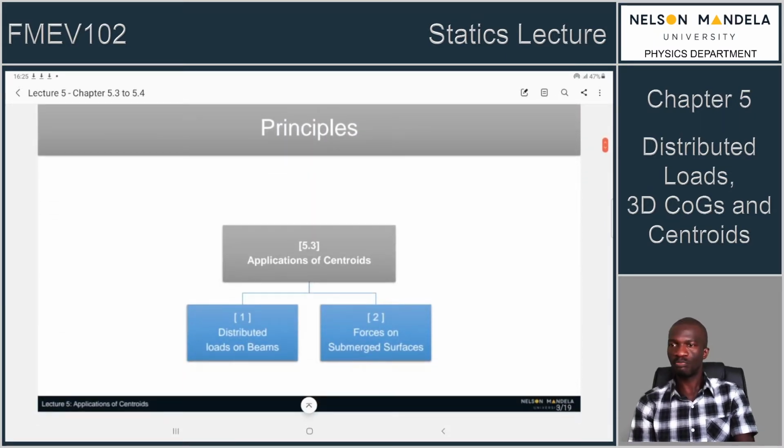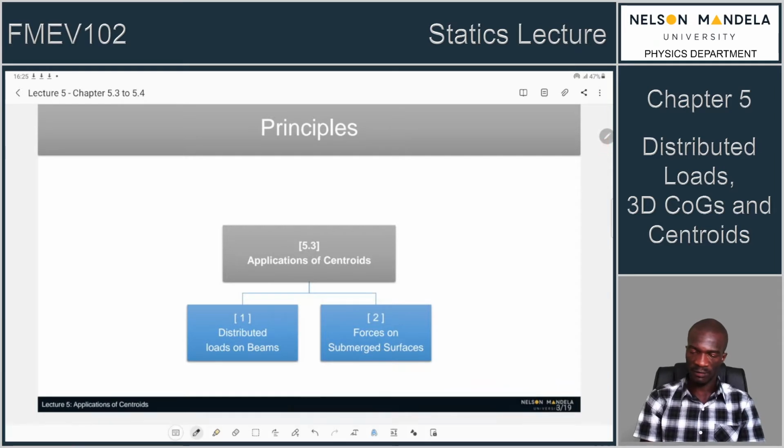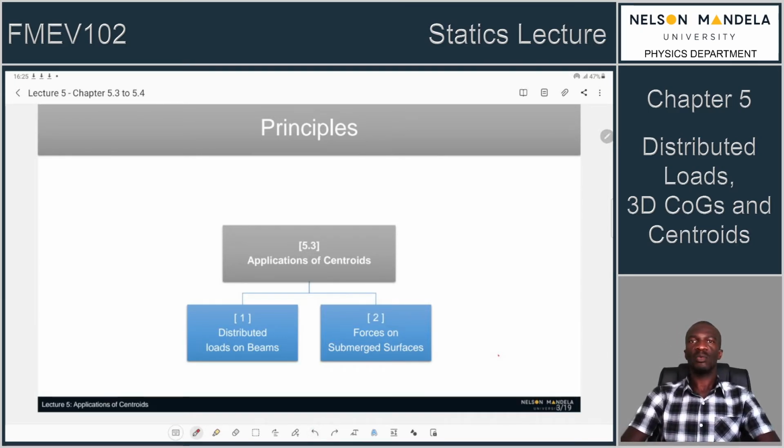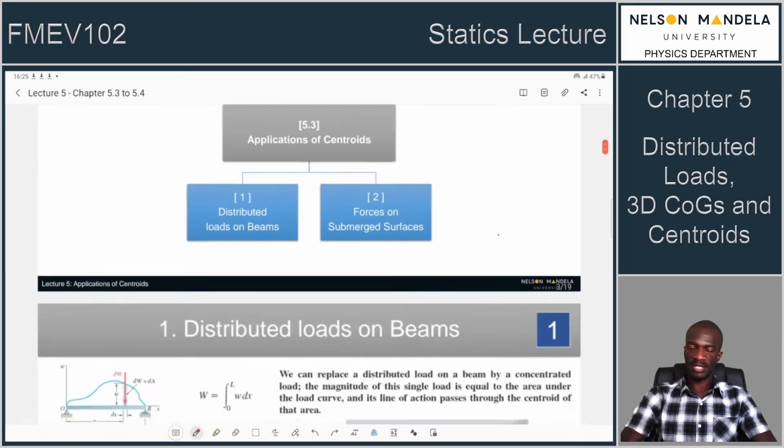So, applications of centroids: distributed loads. There are two principles that we will focus on for this chapter. We will focus on distributed loads on beams, and then forces on submerged surfaces. Submerged surfaces such as your dam walls are the main points of interest.